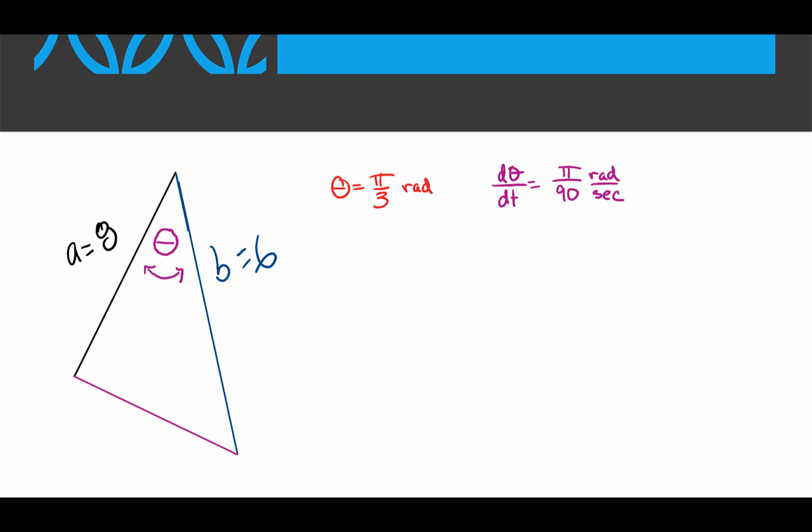But there's one scenario that works, and it's side angle side. So side, angle, side, the scenario we have right now. And the formula for this: area is equal to 1/2 ab sine of the angle in between. Typically we call it C. We're going to call it theta for this scenario.